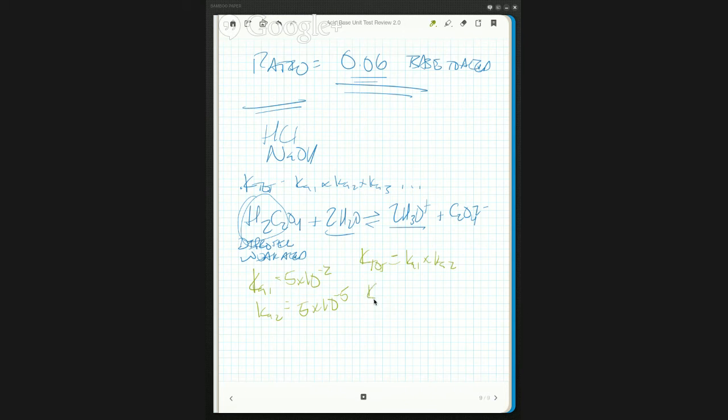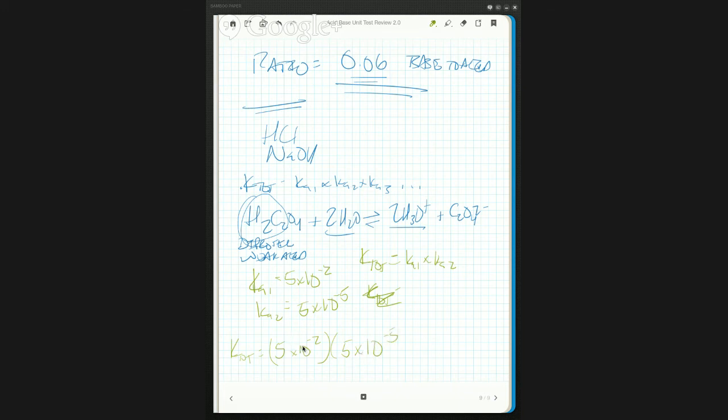So, and you can do this without a calculator because it's multiple choice. K total is equal to 5 times 10 to the negative 2 times 5 times 10 to the negative 5th.